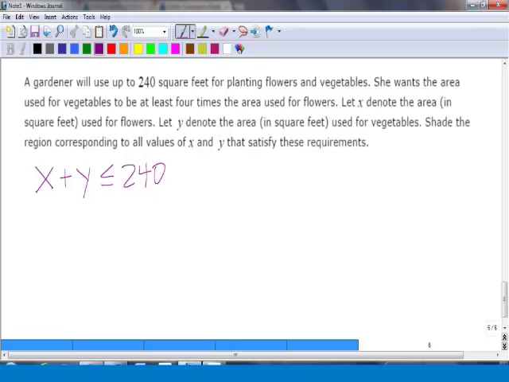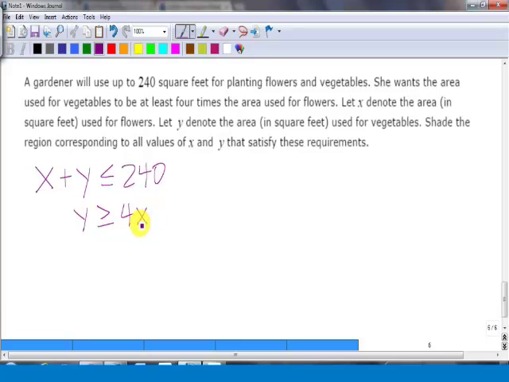But whatever she uses, she might not use all 240. Whatever she uses, she wants the area used for vegetables to be at least 4 times the area used for flowers.